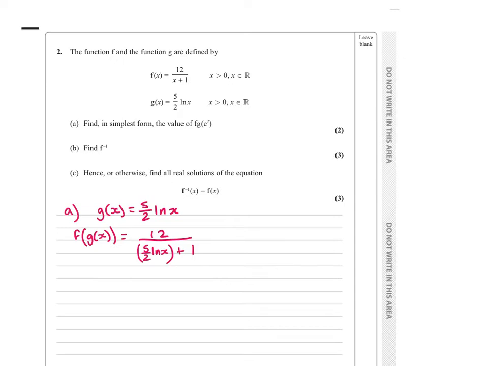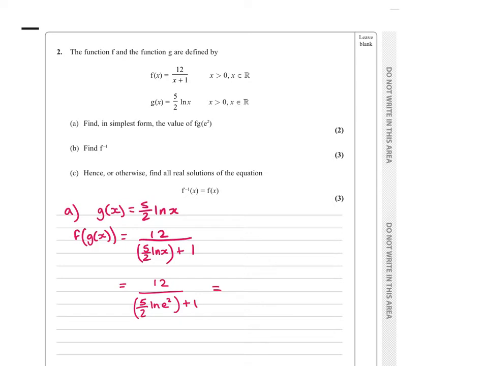Now, what am I going to do? I'm going to substitute in e squared where there is an x. So now I'm going to have 12 over 5 over 2 ln e squared plus 1.